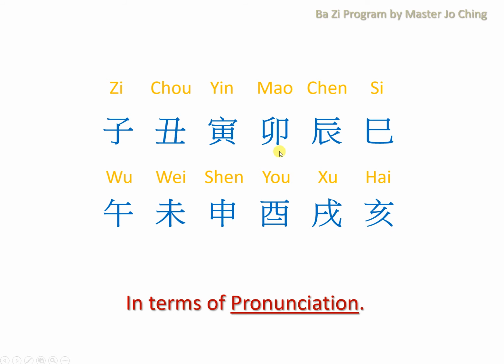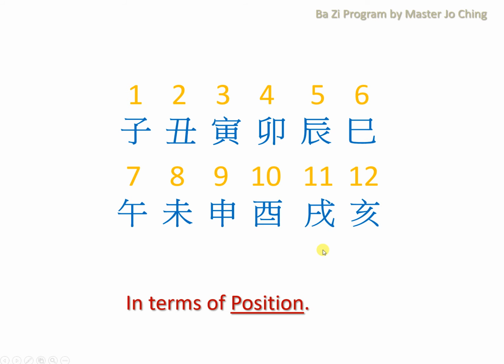Zi, Chou, Yin, Mao, Chen, Si, Wu, Wei, Shen, You, Xu, Hai. So you can go back and practice. In terms of position and ranking, Zi is number 1, Chou is number 2, Yin is number 3, and so on and so forth. And of course, Hai is the last one, number 12.